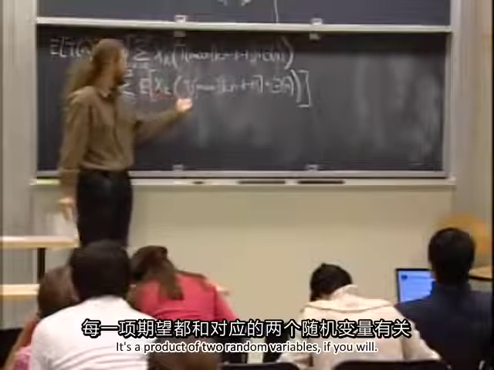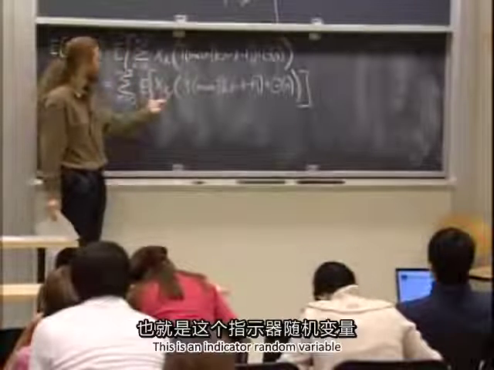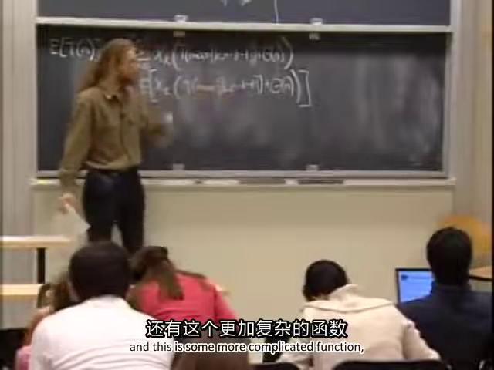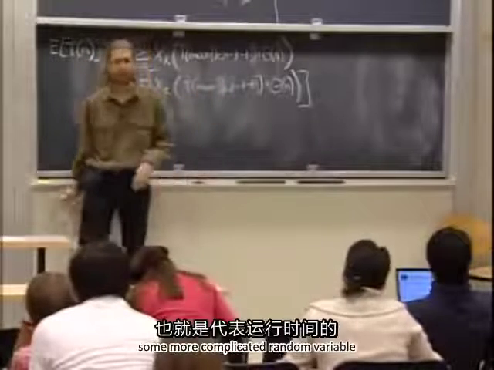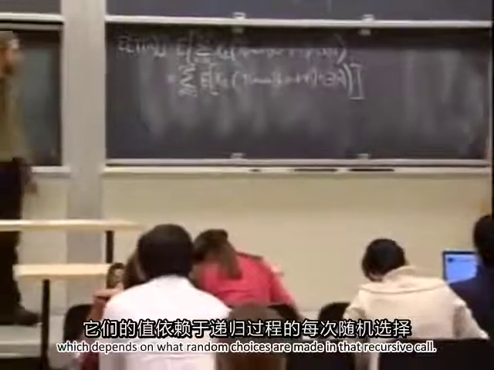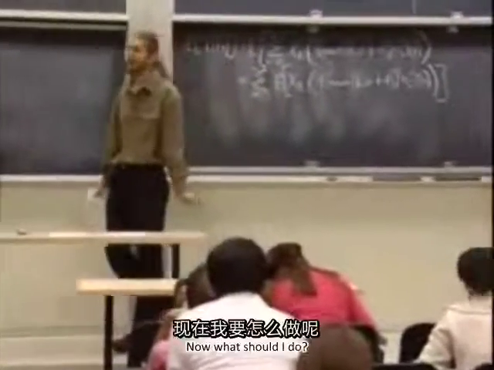It's a product of two random variables, if you will. This is an indicator random variable, and this is some more complicated random variable, representing some running time, which depends on what random choices are made in that recursive call. Now what should I do?